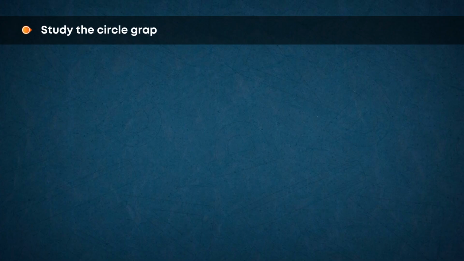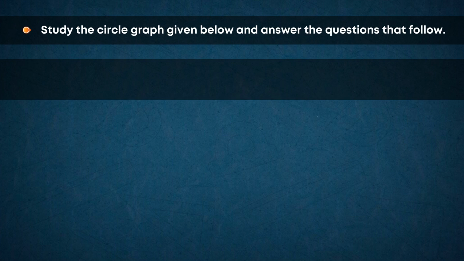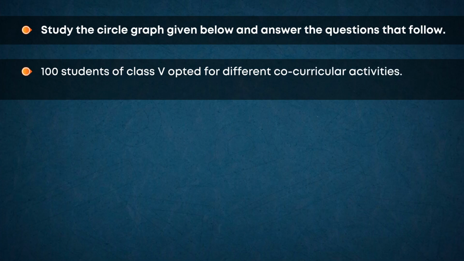Study the circle graph given below and answer the questions that follow. 100 students of class 5 opted for different co-curricular activities.